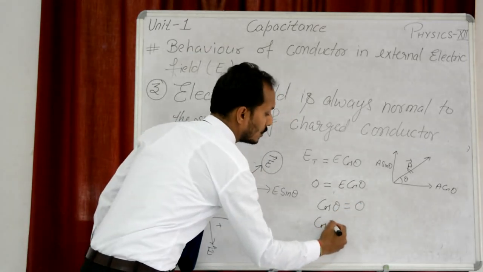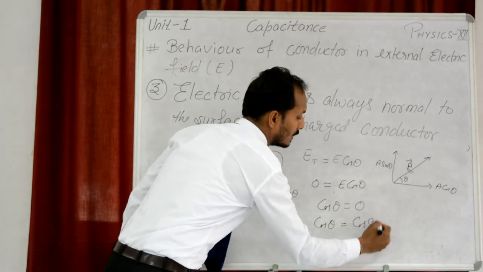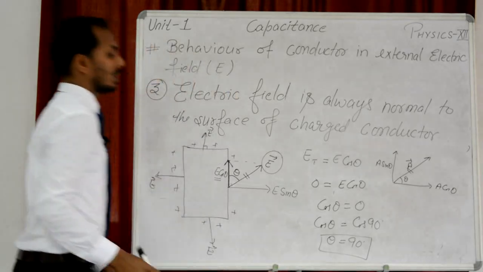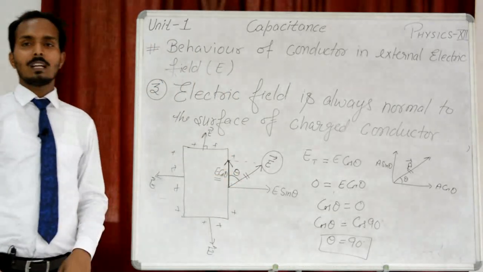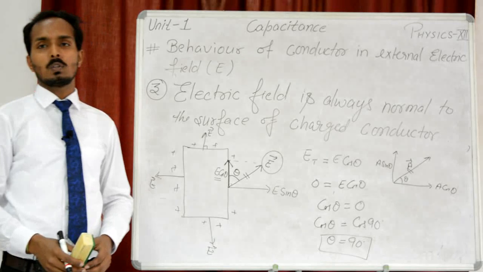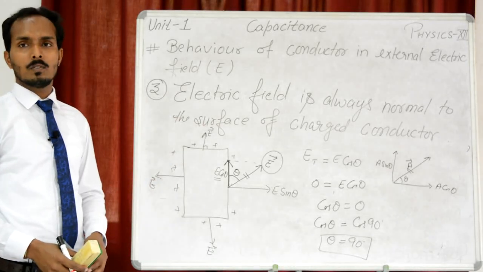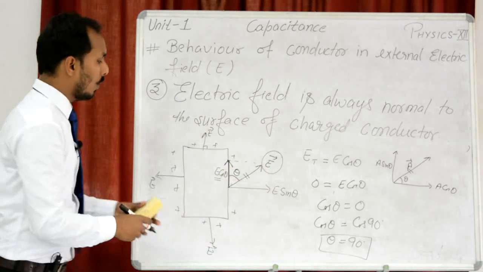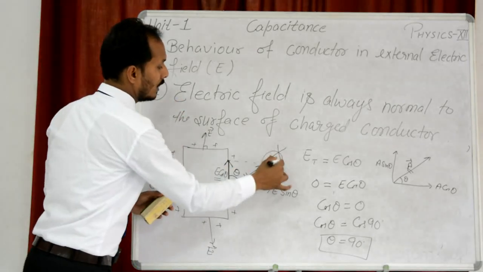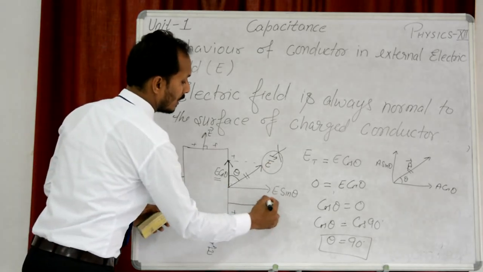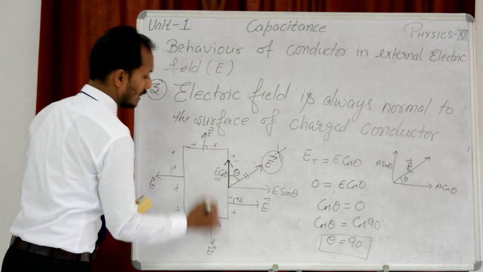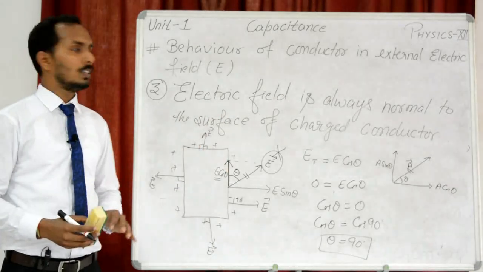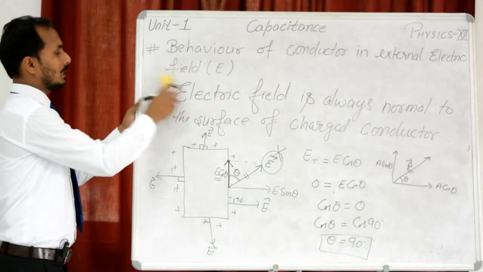Cos theta is 0 at 90 degrees, so theta should be 90 degrees. In this way you can say that only the perpendicular direction, 90 degrees, is possible for the electric field. This is how you can prove that the electric field is always at 90 degrees, and this is the right way to represent it. So come to the next property.